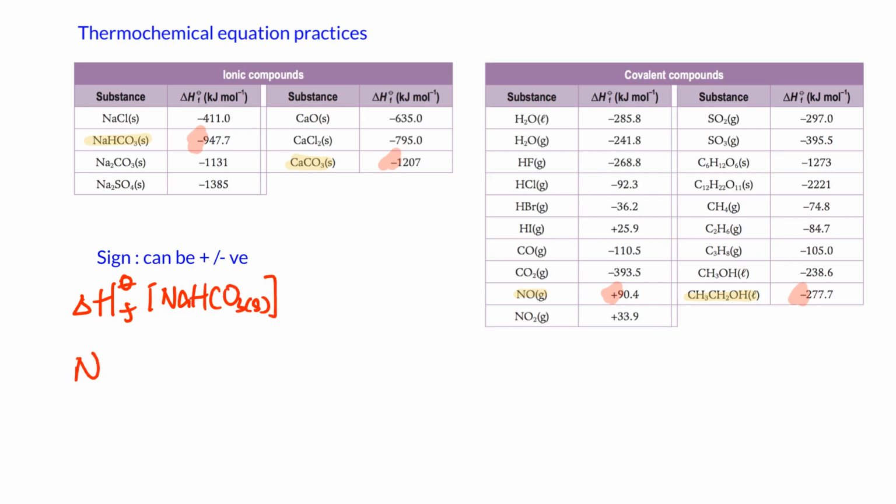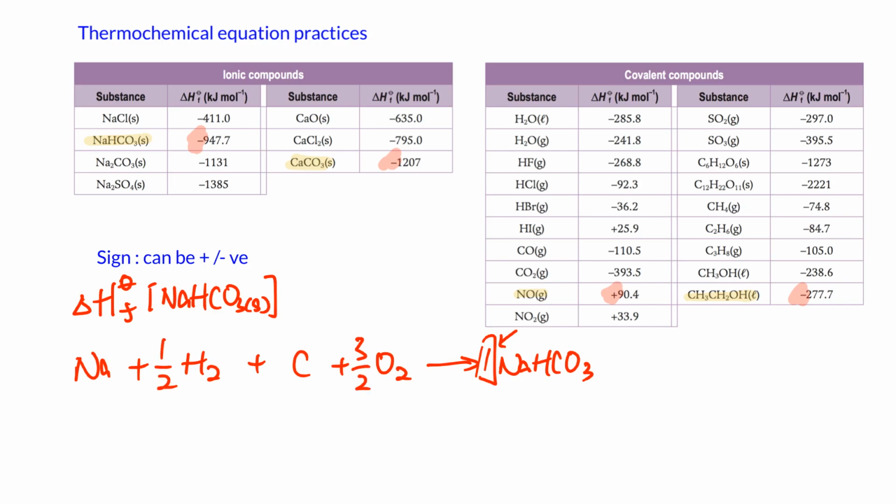For this one, you have Na, you have H, which is in H2, you have C, and you have O2 as well. This will become NaHCO3. So this one has to be 1. Remember, you don't need to write this out, I just want to remind you. For the rest, you just have to multiply them and also write down their correct state.